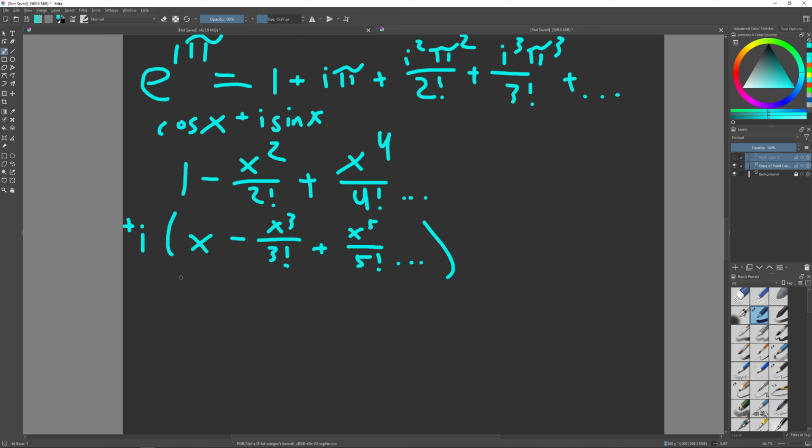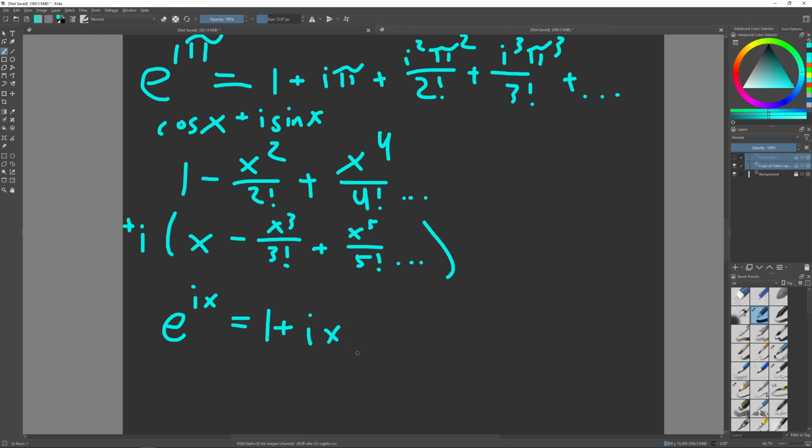So when I multiply this out, ix, okay, I know what I need to do. E to the ix equals, the first term is 1, plus ix.